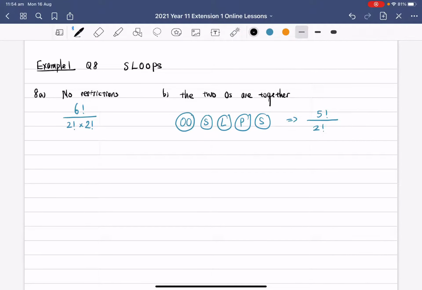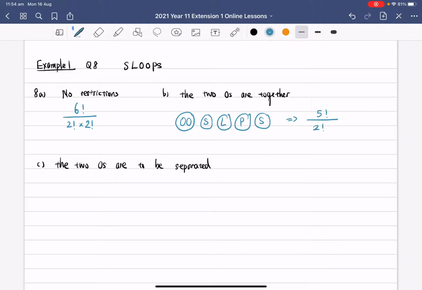So question C is if the two O's are to be separated. In order for us to do this question, if you try to analyze the number of ways where the O's are separated, then it's going to take a while.